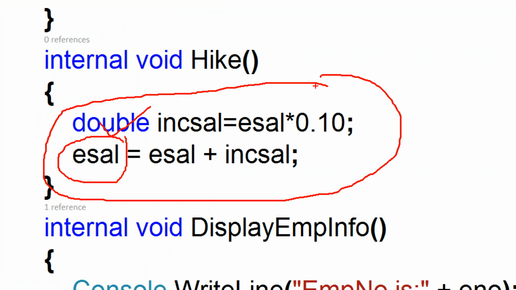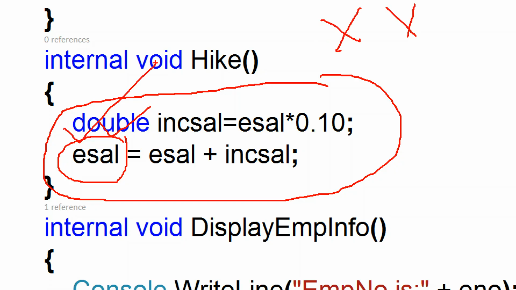No. In the hike method, salary is the wanted data, and employee number and employee name are unwanted. Even though all the data is available in the object, you are hiding two and accessing only the wanted data.